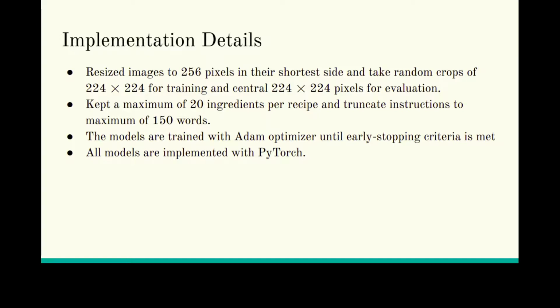Kept a maximum of 20 ingredients per recipe and truncate instructions to a maximum of 150 words. The models are trained with Adam Optimizer until early stopping criteria is met. All models are implemented with PyTorch.